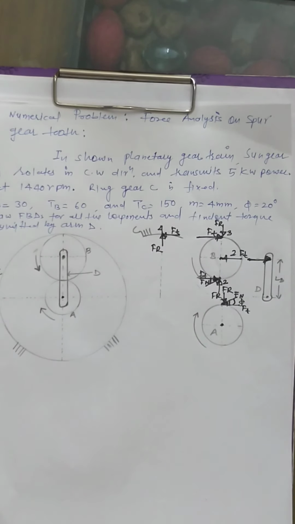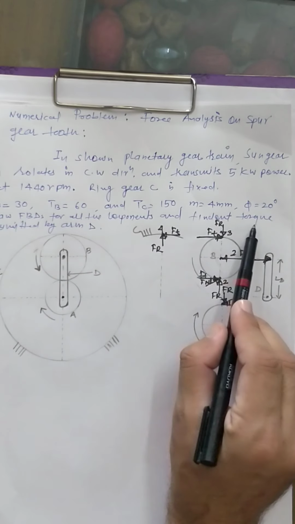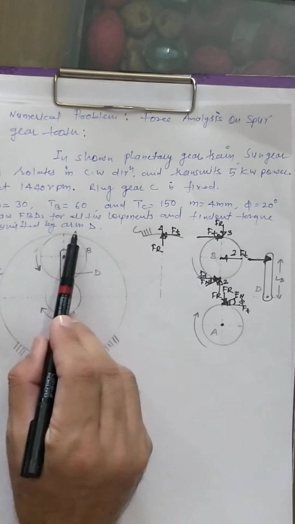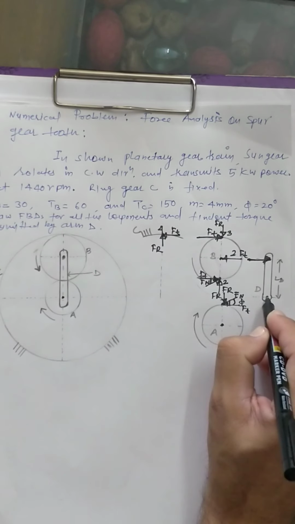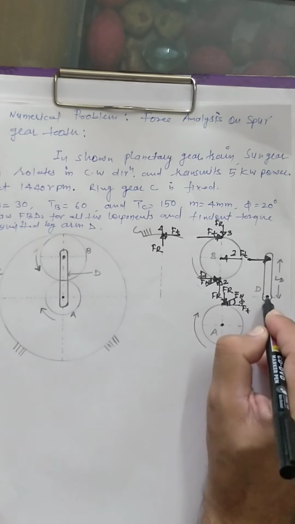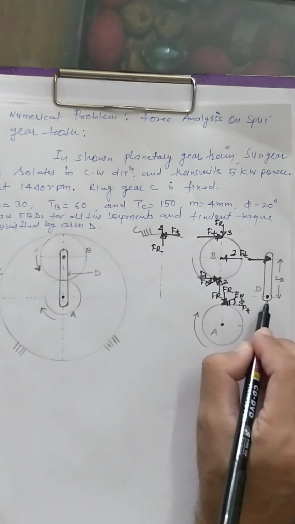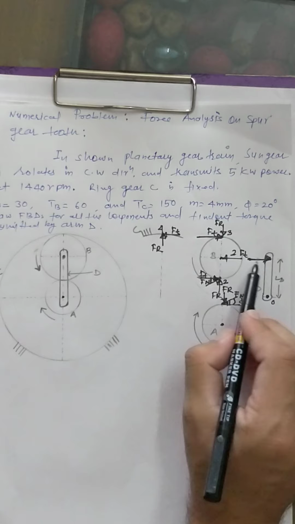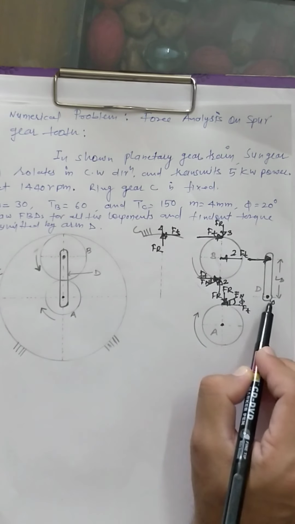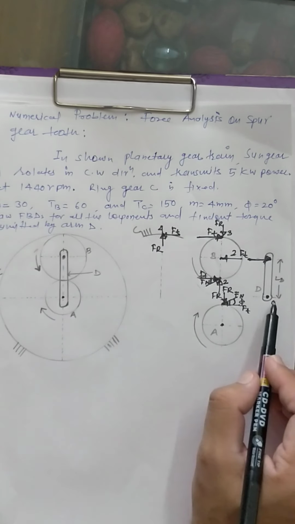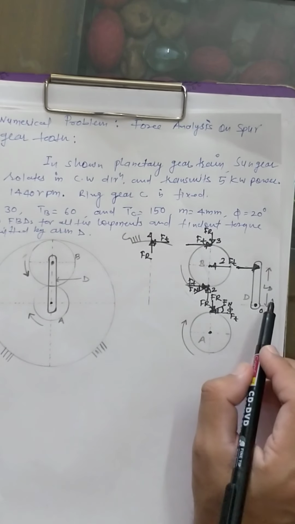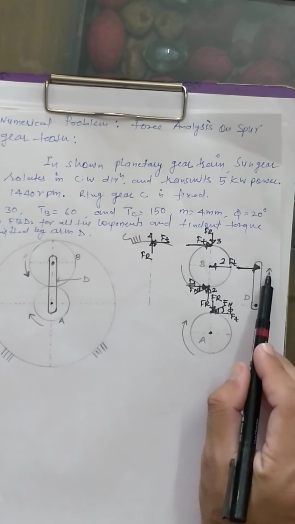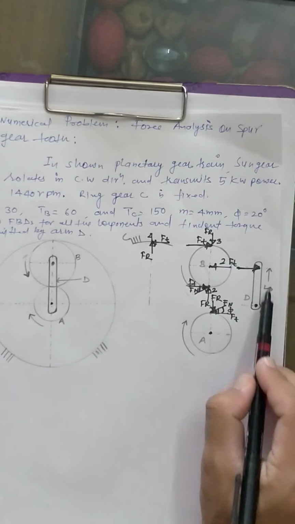Okay, so now our task is to find out the torque transmitted by arm D to its shaft. To its shaft means the shaft on which it is connected at this point. Suppose this is point O. Okay, so because of this 2Ft, if we want to calculate the torque at this point O, then that would be 2Ft multiplied by the length of this arm D.